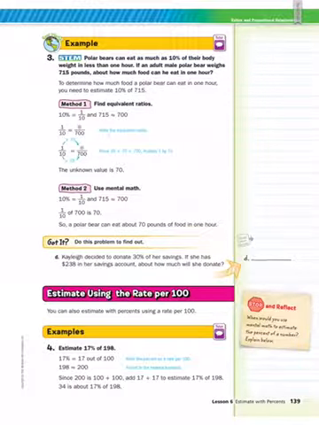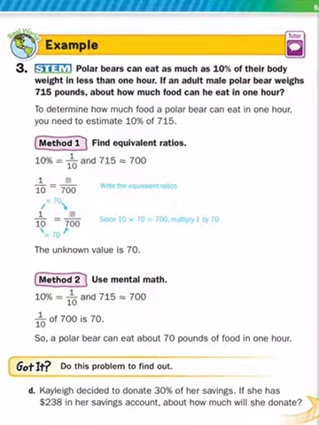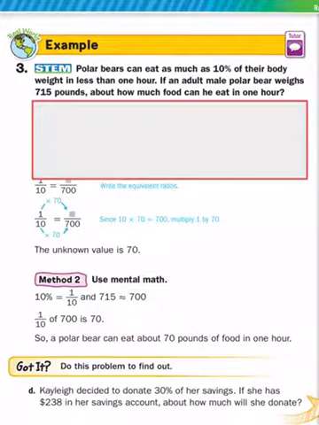Example 3 is just more of a real-world problem. So we'll read it, and then we'll go over how you might estimate your answer. As I read it, I want you to think, why is this an estimating problem? Is there a word or phrase that would tell you it's estimating? You ready? It says, polar bears can eat as much as 10% of their body weight in less than 1 hour.